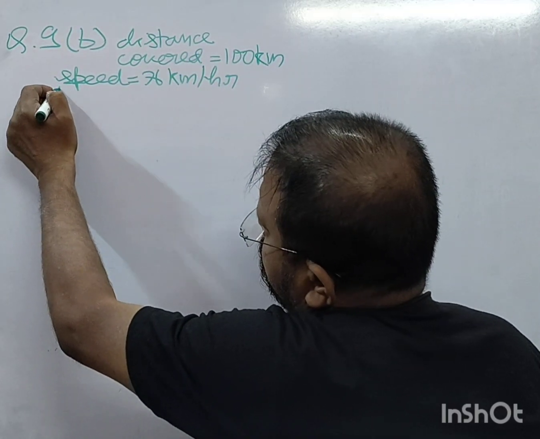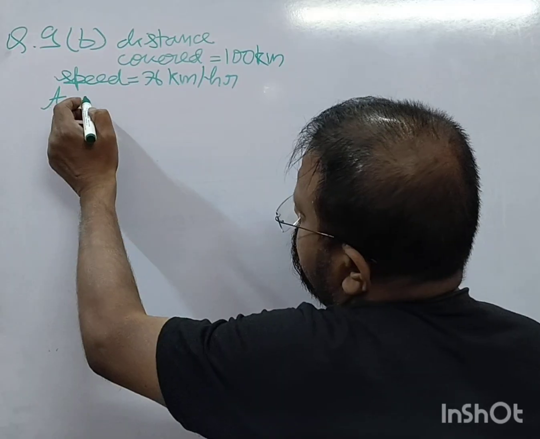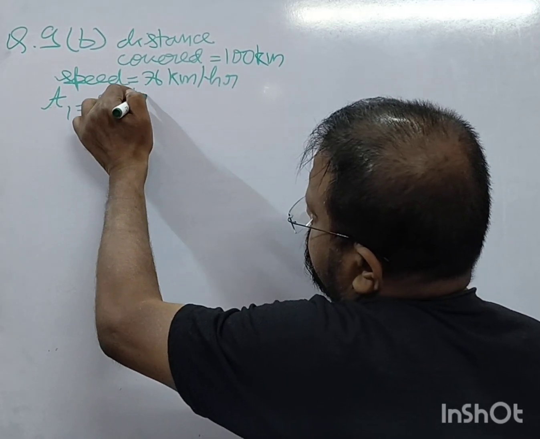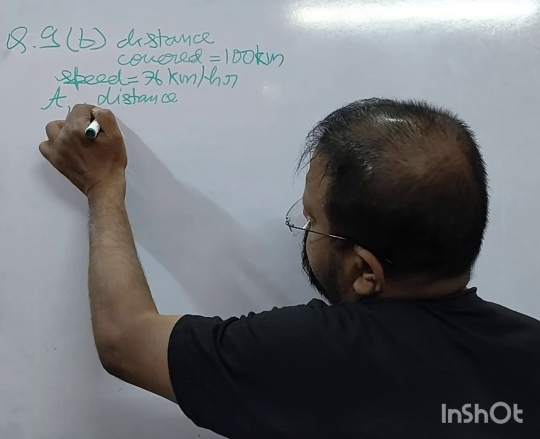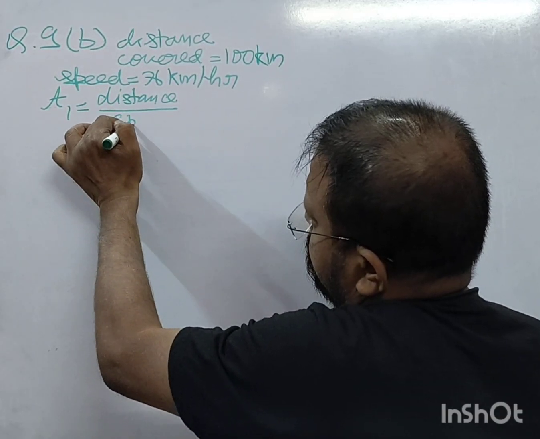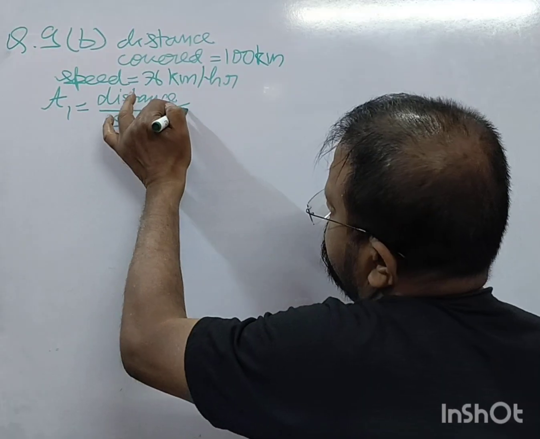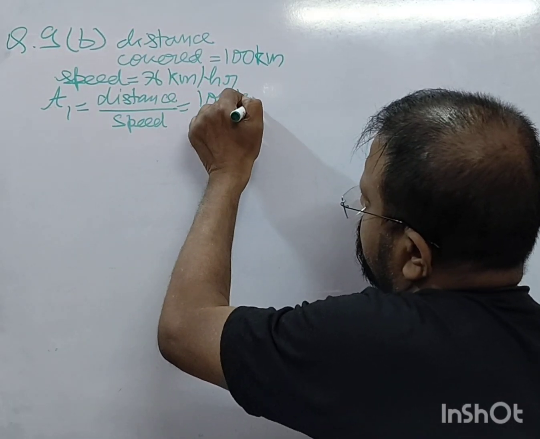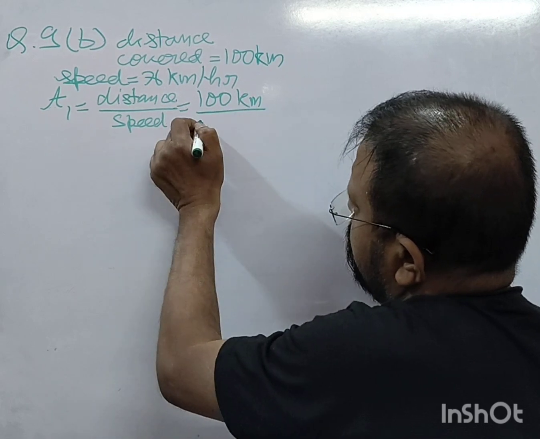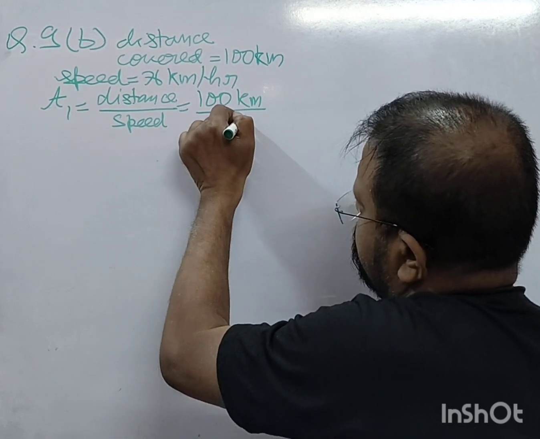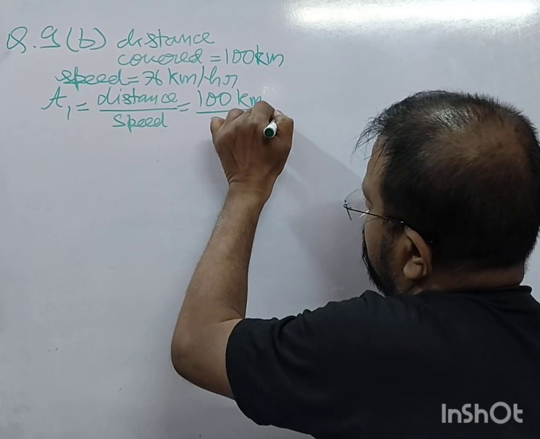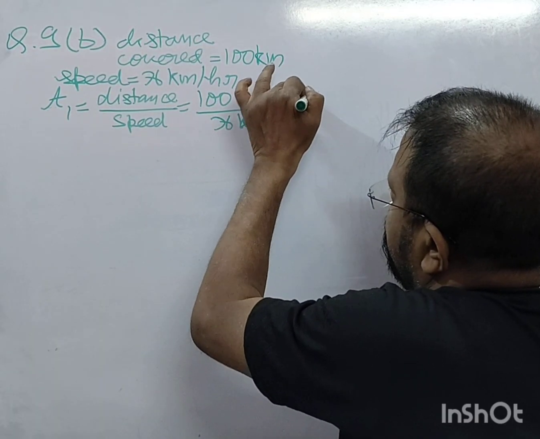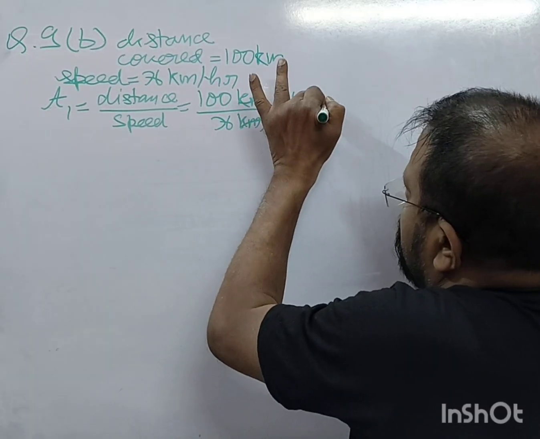So time T1 is equal to distance upon speed, which is 100 kilometer upon x kilometer per hour. So kilometer is gone, so 100 upon x hours.